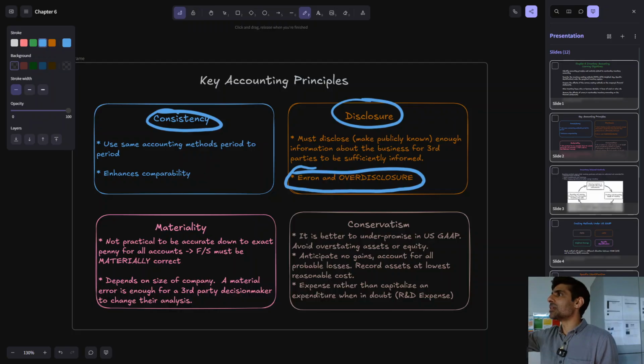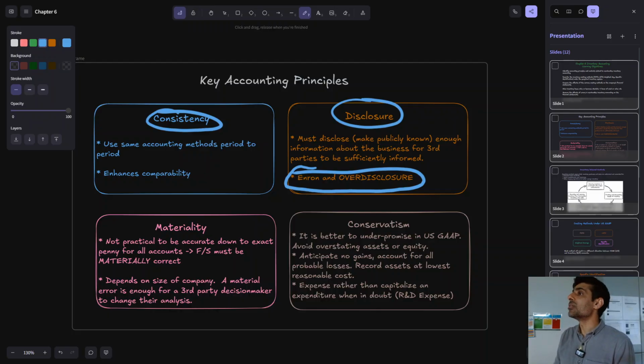Okay, they had put so much information in their disclosures that the material thing that mattered, the accounting tricks that they were doing, they had done some very aggressive accounting, was hidden. It was kind of buried, and you'd have to really know beforehand where to find it, because if you didn't know, it was going to be hard to discern what they were actually saying. Okay, so disclosure, there's some balance too.